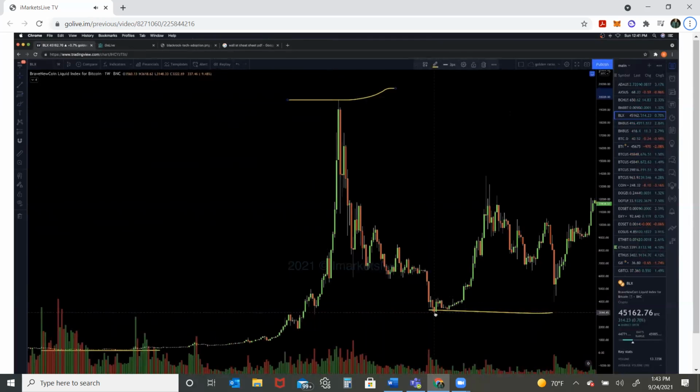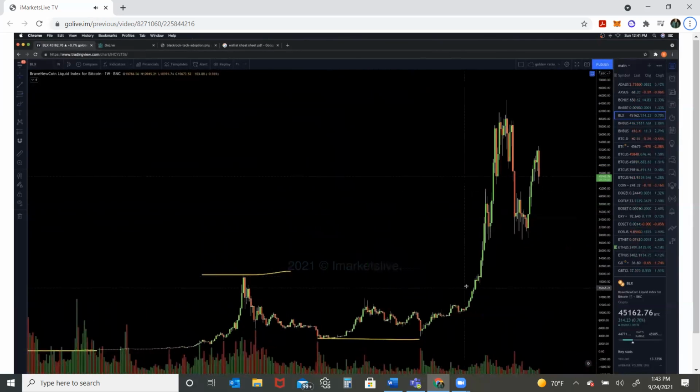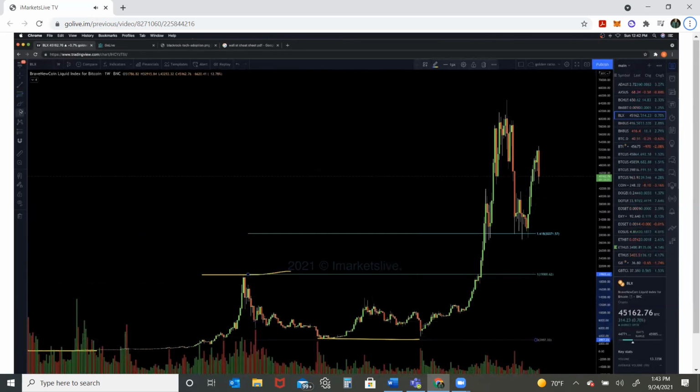Those were the measurements I was taking with my Fibonacci measuring. I was literally measuring the top of the cycle to the bottom of the cycle, showing that when a new cycle begins and it crosses that golden ratio and puts it into support, it should continue to grow.